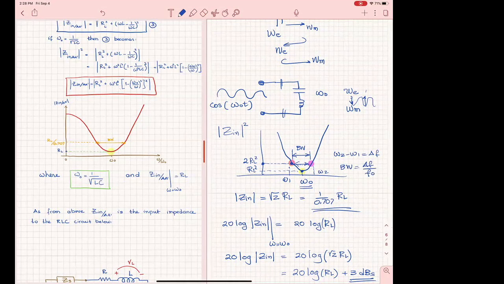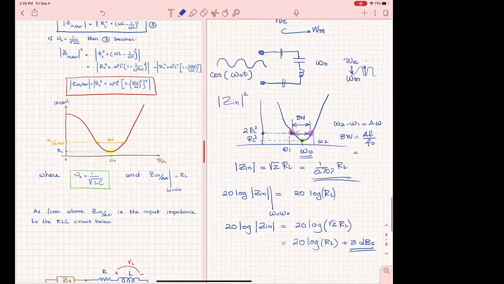All right, so in fact, to be more accurate here, I will put delta omega, and then usually it's going to be either omega 2 minus omega 1 over omega naught, or it's going to be F2 minus F1 over F naught, all right? It's the same thing.